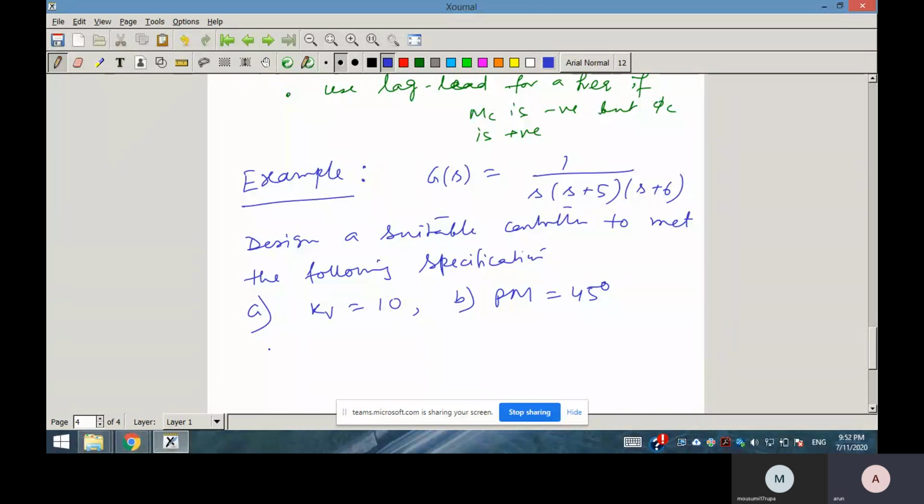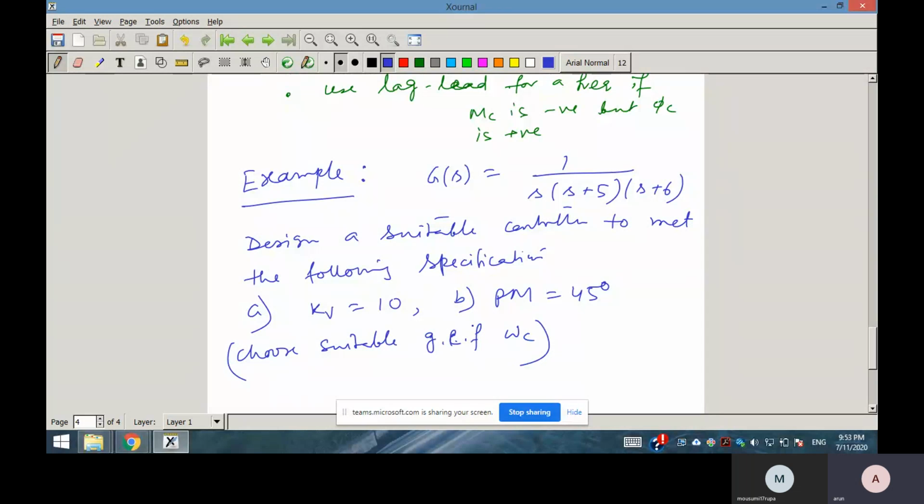So here, one thing is to choose a suitable gain cross frequency omega C. Here it is not mentioned what the gain cross frequency is. Depending on it, as I said, you can choose.